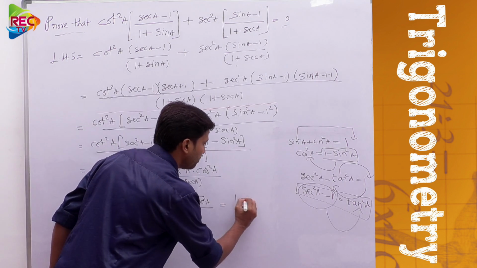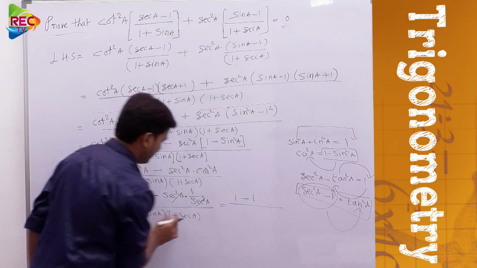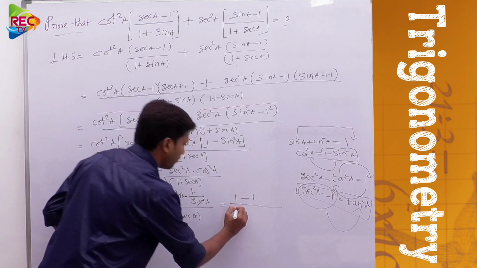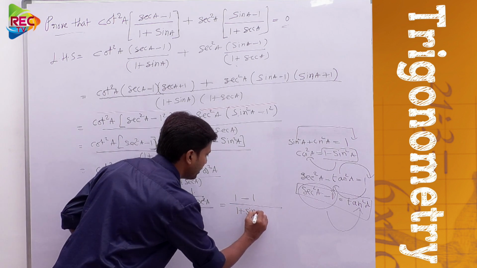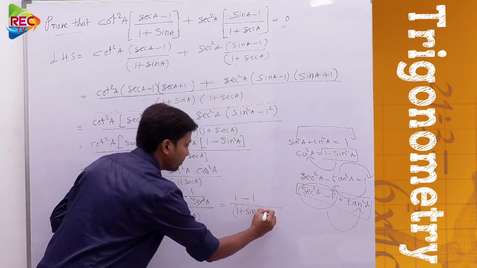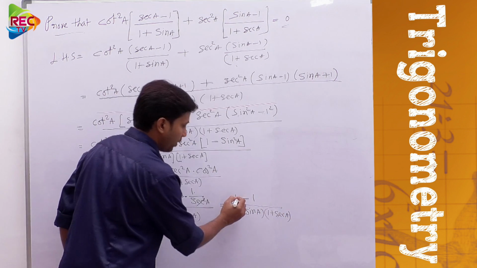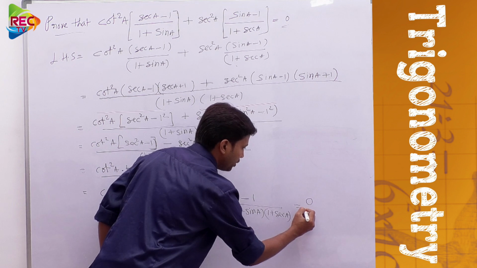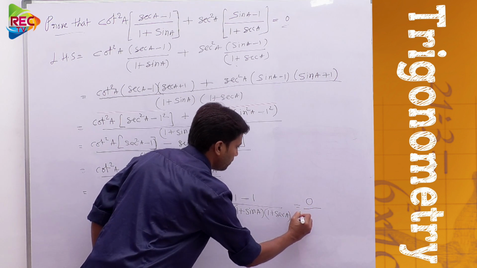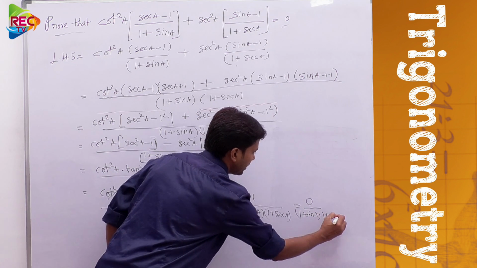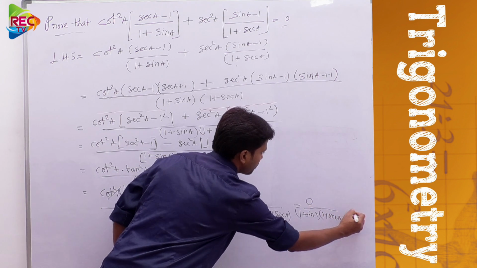So this is 1 minus 1 by this entire part. Even if you don't write it, it's okay. 1 plus sin A into 1 plus secant A. So 1 minus 1 would be what? 0. 0 by anything is 0. 0 by 1 plus sin A into 1 plus secant A. So anything, this would be 0.